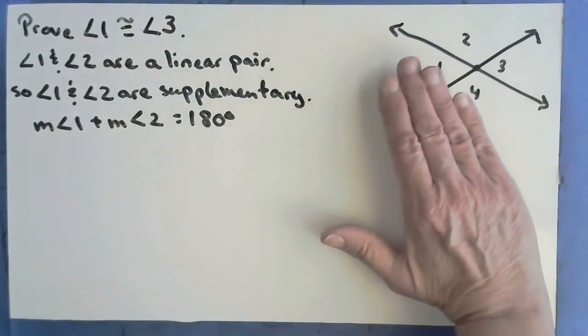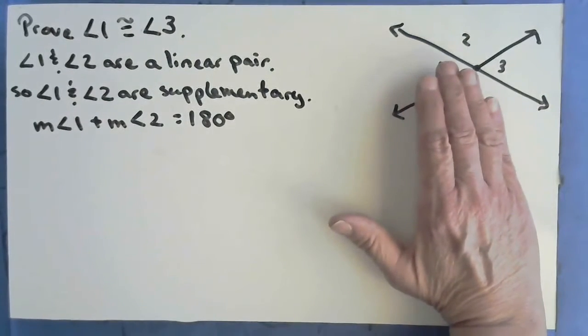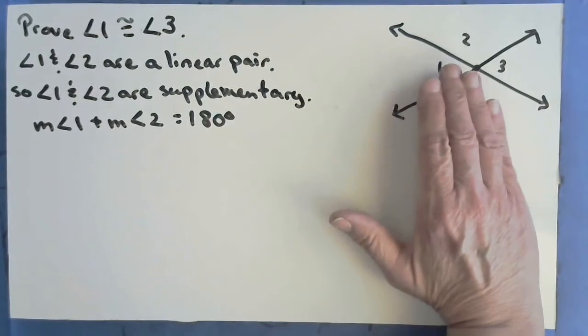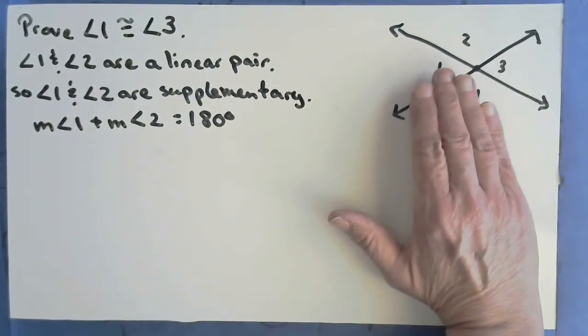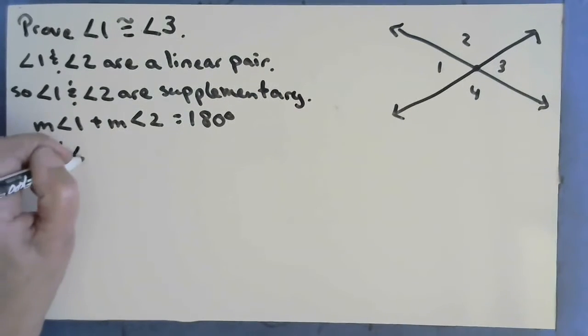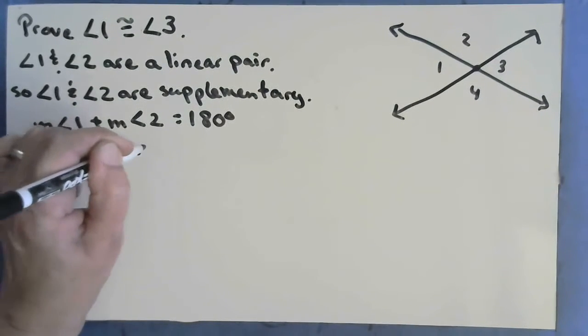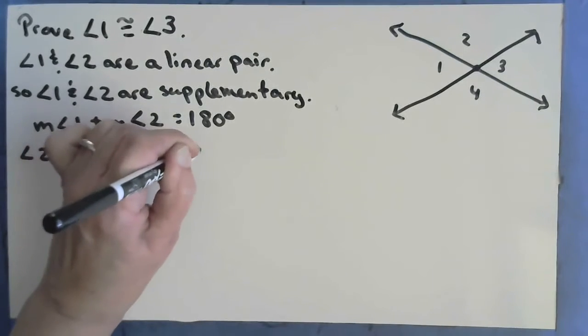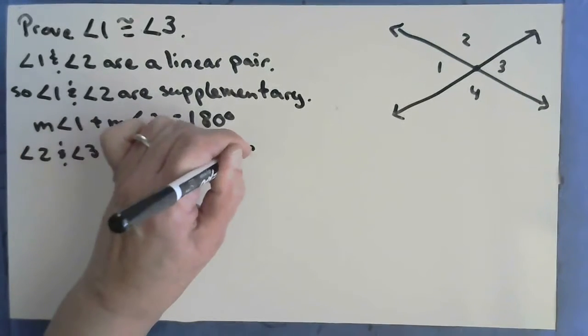Now we want to cover this part of the diagram, and we want to see the same thing about angles 2 and 3. They're a linear pair. So we write that down. Angle 2 and angle 3 are a linear pair.